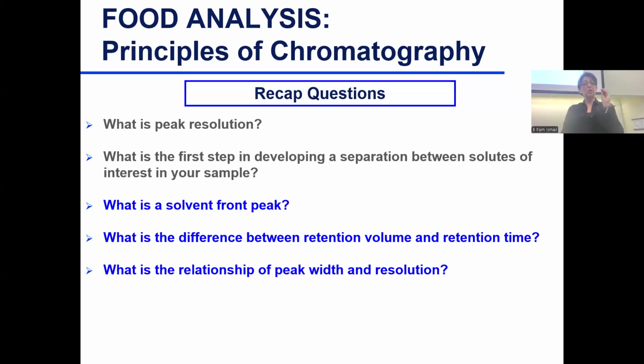So what is the relationship of peak width and resolution? So if the width broadens or increases, what happens to the resolution, Emma? Exactly.